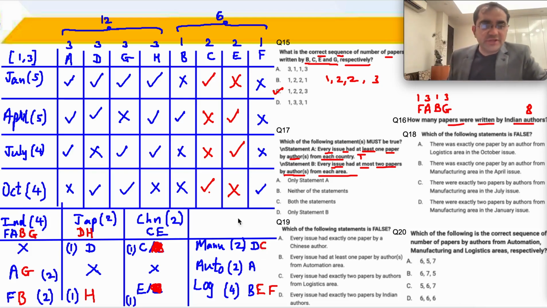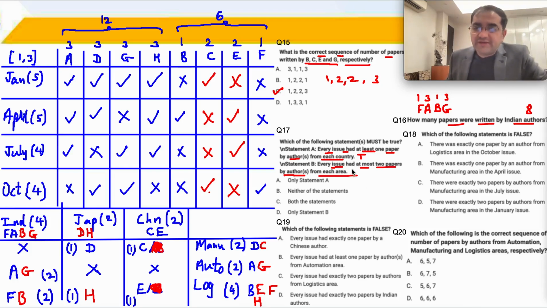So manufacturing, D and C. So January has from manufacturing. April has D and C का एक, जुलाई हैज़ D and C का नथिंग, अक्टूबर हैज़ D and C के दोनों. ओके, सो at most 2 में या लेट्स कंप्लीट दिस ऑल्सो. A के साथ G, B, E, F and H.